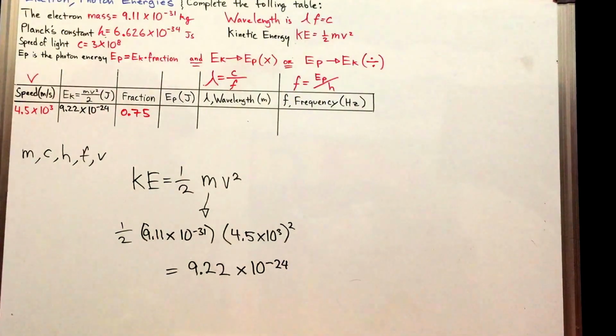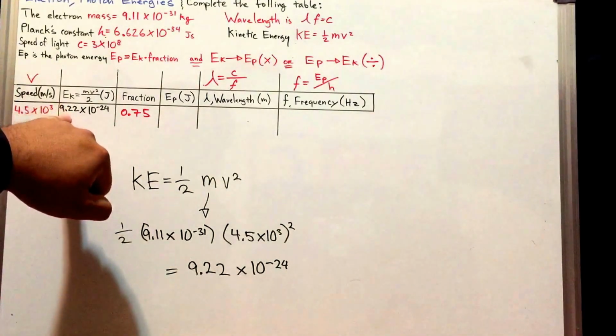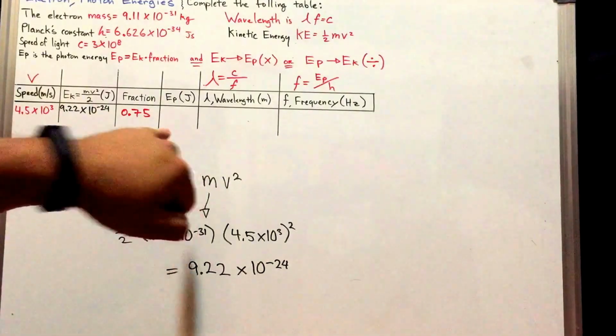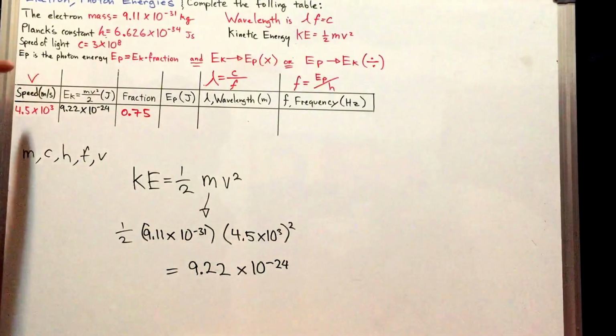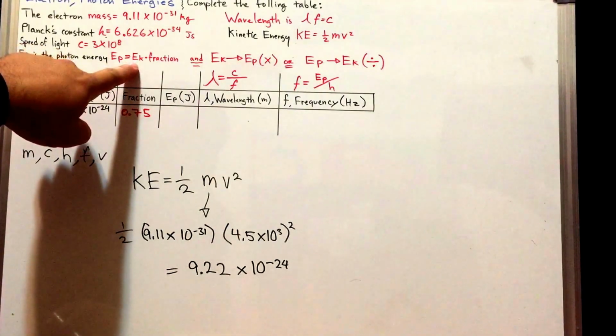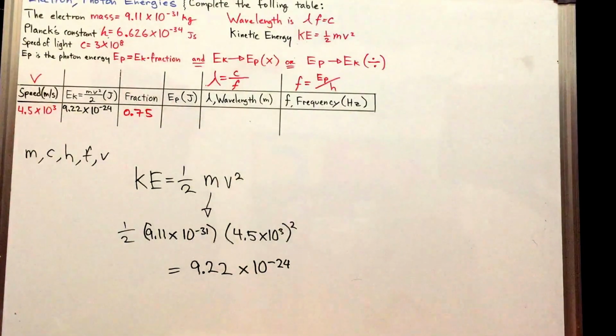The energy photon is EK multiplied times fraction equals EP. And again, this formula you'll find right above here. EK times fraction equals energy photon.